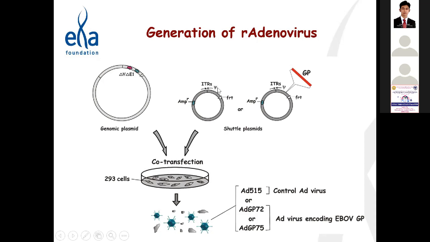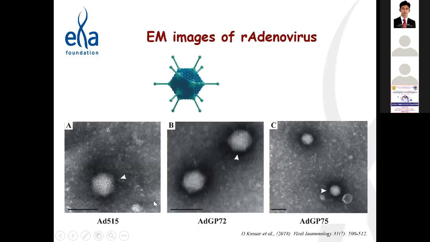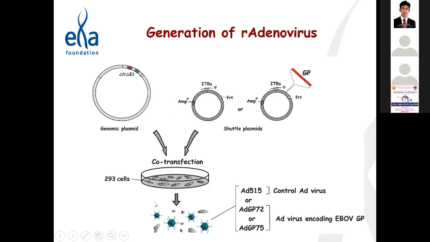So it also acquires the packaging signal from the shuttle plasmid. After this recombination happens, the adenovirus is generated.